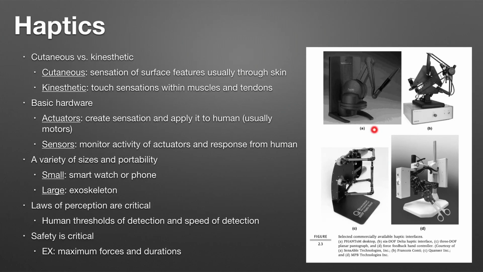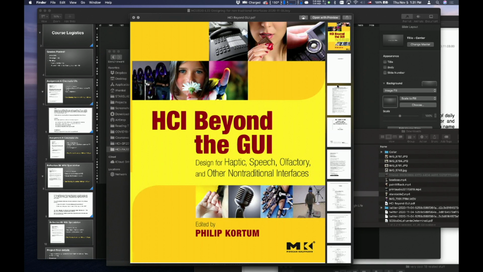I've included a figure here, and this is from a book that's a little bit older. It's called HCI, the GUI and Beyond. So that's what it looks like there. It talks about quite a few interface types.